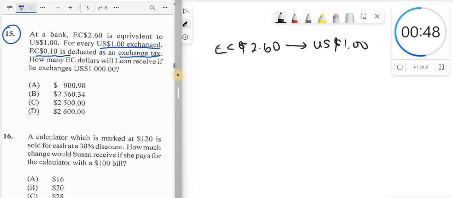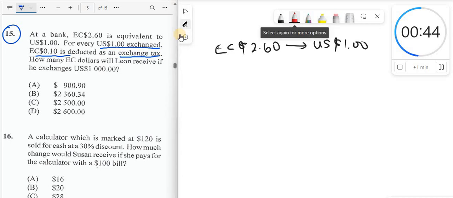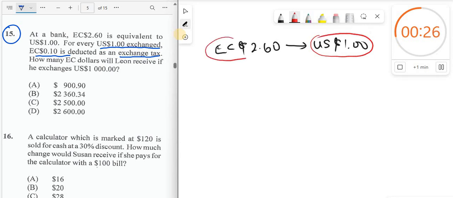Okay, so it means what you could do with this. All right, and he's one of my students who gave me this lovely answer. All right, our explanation. For every US dollar exchanged, 10 cents is deducted. So we look at the exchange rate, US $1 to EC $2.60.